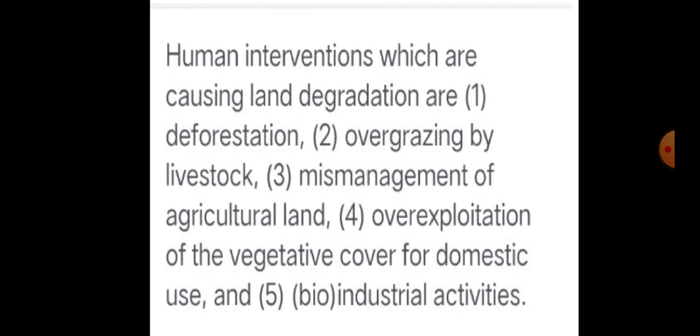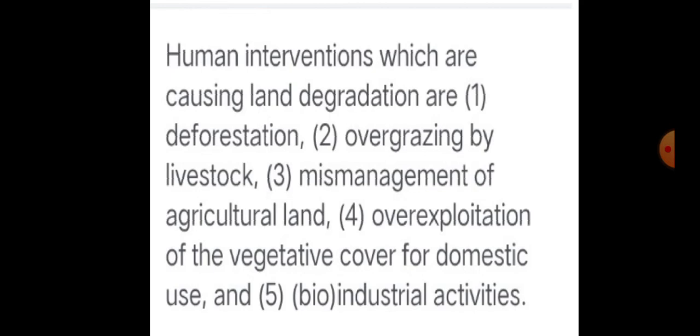How human activities are responsible for the degradation of land. Reckless cutting of forest. Man uses forest and the wood for different purposes. Overgrazing of livestock. He takes the animals for grazing, and that grass is cleared, and there the soil nutrients are also washed away.